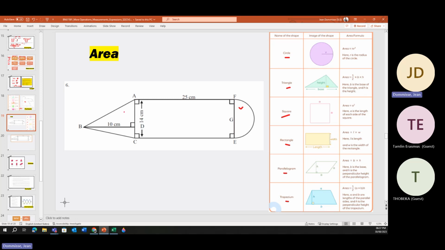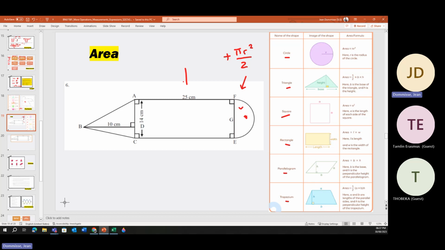Okay, so let's do the circle first, or the half circle. So if a circle's area is pi r squared, a half circle will just be divided by 2. Okay, so let's just first get all my formulas right for this.